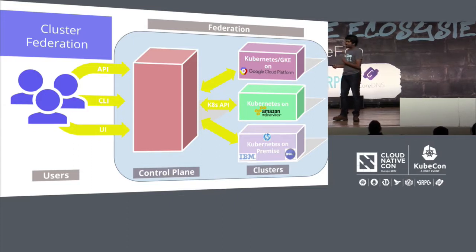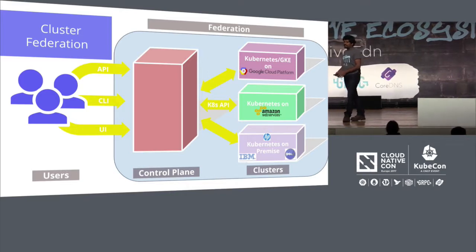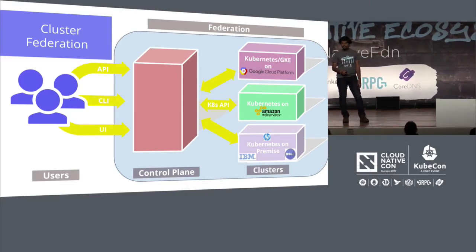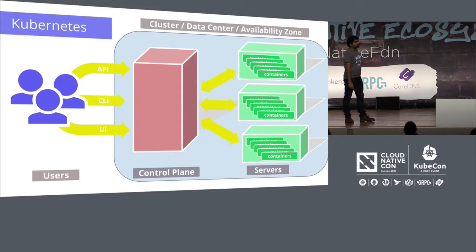You send your request to the federation control plane, which then sends it to the other clusters that you registered with federation. And for those of you who are familiar with Kubernetes, this looks very similar to how Kubernetes works. There are users who talk to the Kubernetes control plane, which then sends those requests to nodes. So your developers don't need to talk to the nodes directly. They just talk to the Kubernetes control plane.